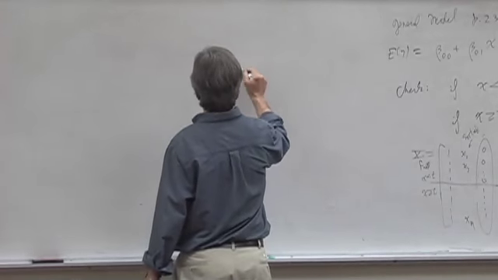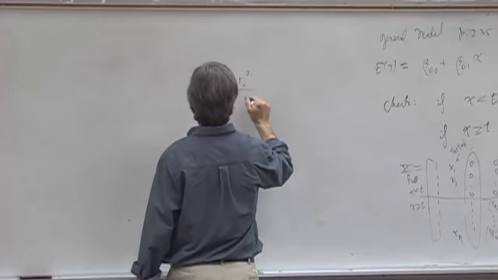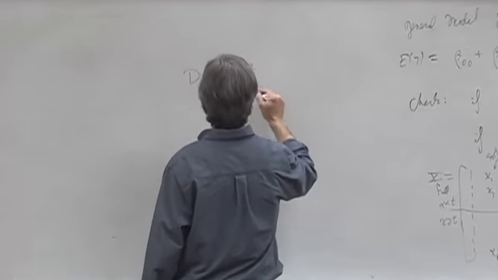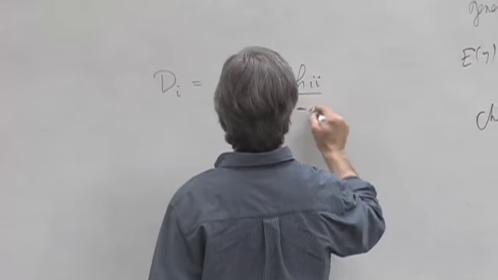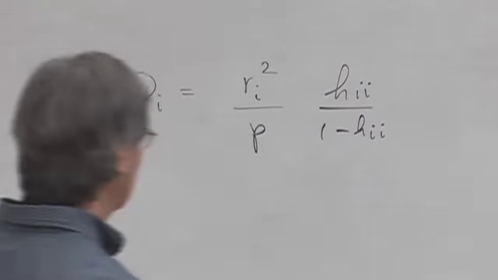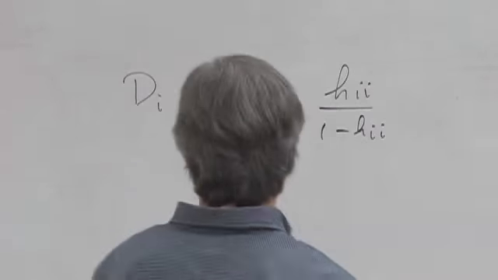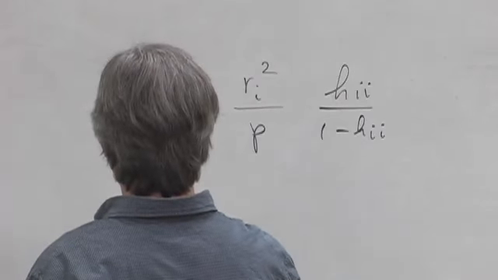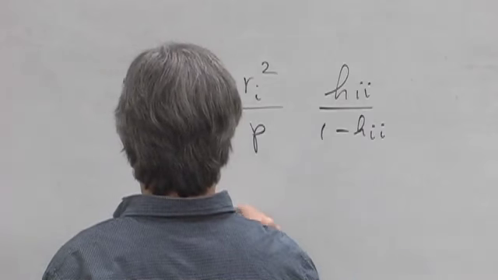DI, which had a formula of something like RI squared over P times HI over 1 minus HI. You had to calculate Cook's D, and you had to calculate the DF betas J. So all 9 regressors.